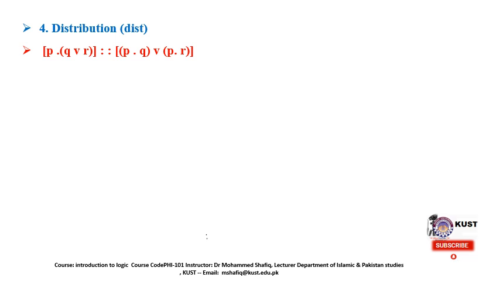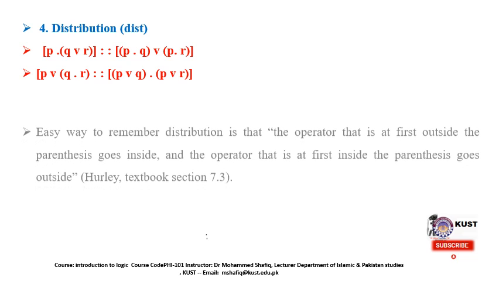So P dot (Q wedge R) can be replaced with (P dot Q) wedge (P dot R). Similarly, P wedge (Q dot R) can be easily replaced with (P wedge Q) dot (P wedge R).